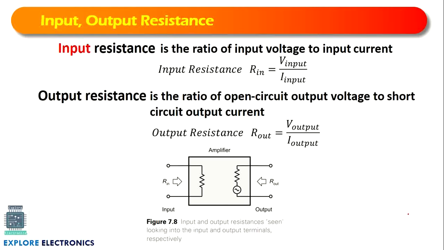Similarly, output resistance is the ratio of open circuit output voltage to the short circuit output current. Here you can observe in the diagram, R in and R out are shown with some internal circuitry of the amplifier.